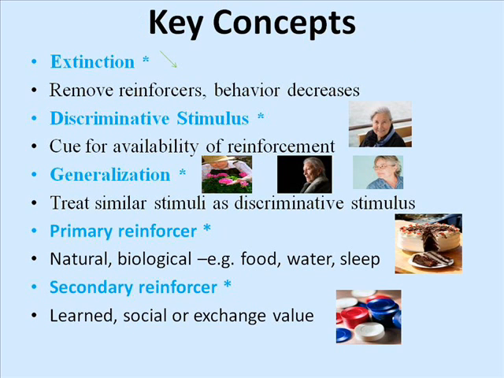Some of the key terms for operant conditioning are similar to those in classical conditioning, but the meaning may vary slightly. Extinction still refers to a process in which learning is lost or disappears. In the case of operant conditioning, you lose the learning by removing reinforcers, and a behavior decreases. For example, most of you work for a paycheck.